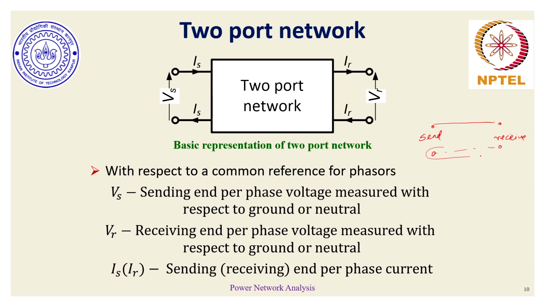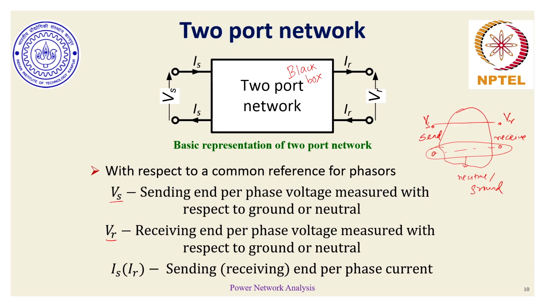The second port that I have drawn here could refer to the equivalent neutral, or the equivalent ground, from which the sending end voltage Vs and receiving end voltage Vr are measured on a per phase basis. This entire transmission line can be modeled through this black box, which we call the two-port network. This black box could have different parameters, which we will see at length.